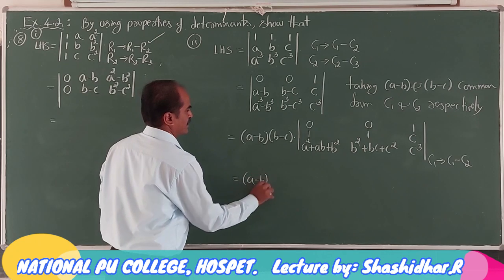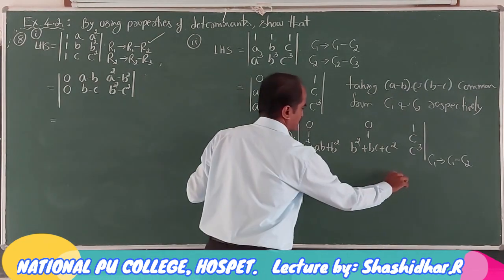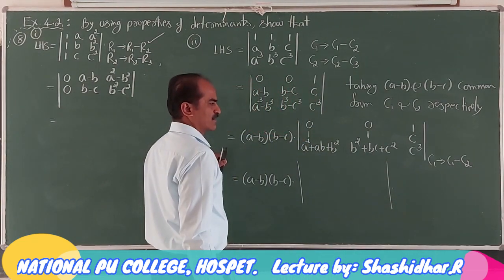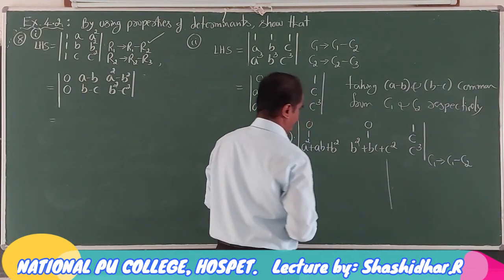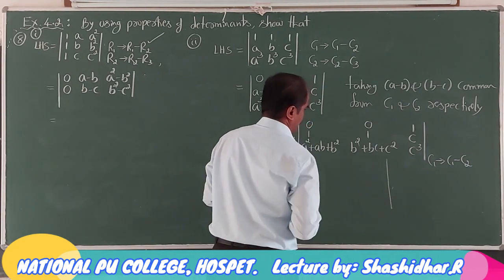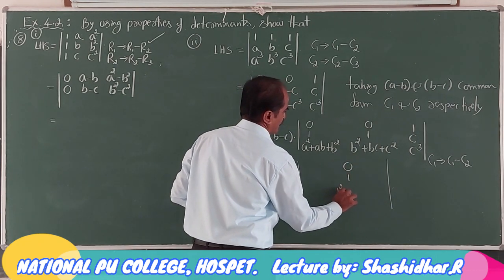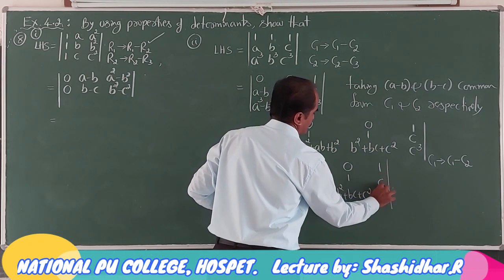So here (a minus b)(b minus c) into the determinant. I am not changing column 2 and column 3. Let them be as they are: 0, 1, b square plus bc plus c square, 1, c, c cube.